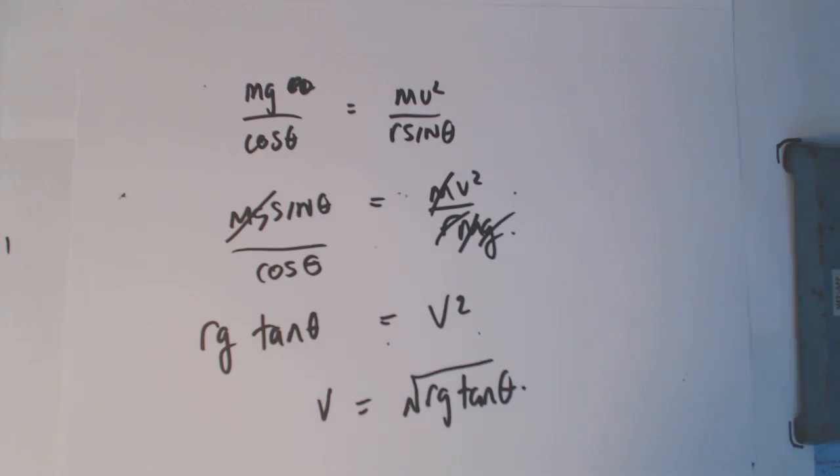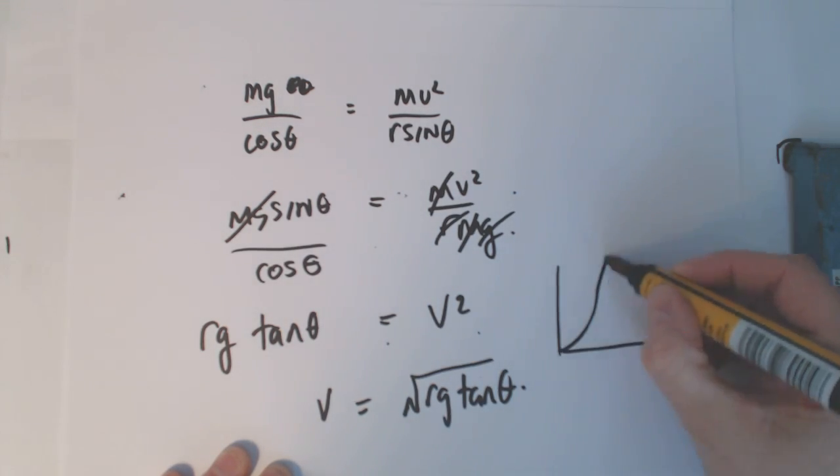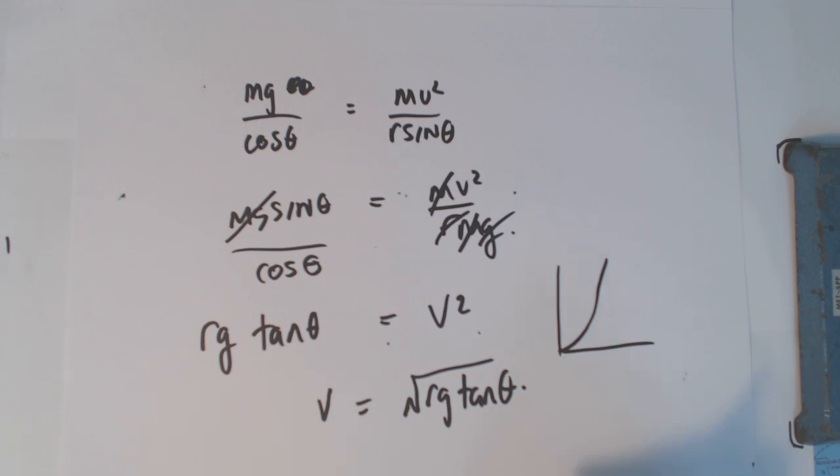It's got nothing to do with the mass. If we know our tan graph from 0 to 90 degrees goes like that, if you increase the angle, the tan goes up. So if you increase the angle, the speed must go up. If you increase the radius, the speed must go up, to the square root of the increase. So that's our little formula for the conical pendulum.